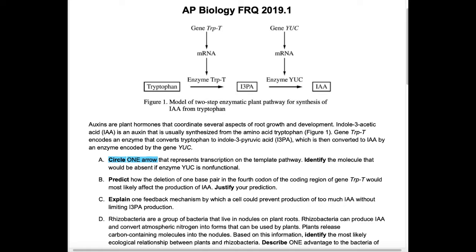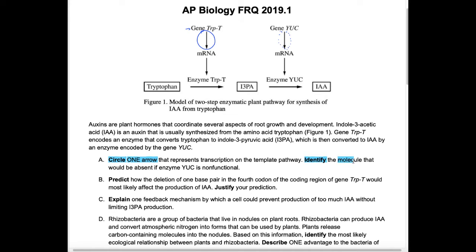Very simply put, here's my gene. So this arrow right here represents the transcription of that gene to produce the mRNA. Now, I could have also selected this arrow over here, but I'm going to dot that in there because if this was my response, it said circle one, I'm only circling one. The second part of this is I need to identify the molecule that would be absent if YUC is non-functional.